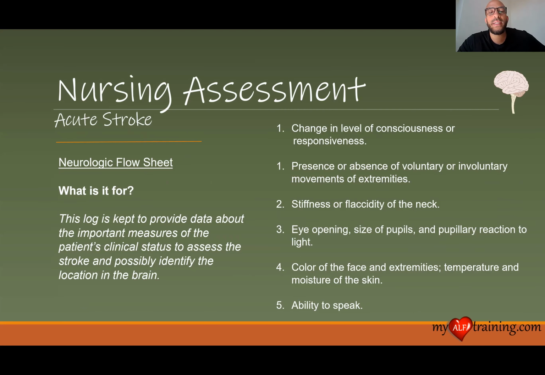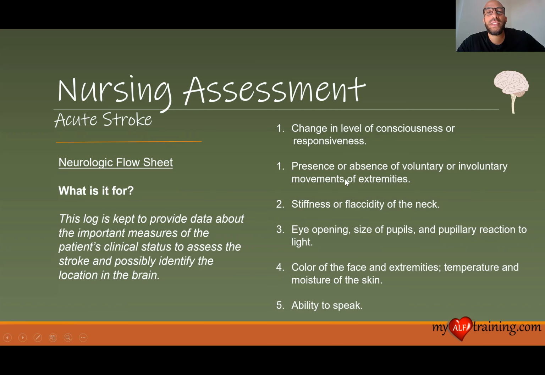It's like a log that you can use to write data down about the patient's clinical status, to assess the stroke that they just had, or even try to identify the location in the brain. But that's not necessary. We just want to make sure that we're documenting all the information that we can about this patient. So, what would that information be?